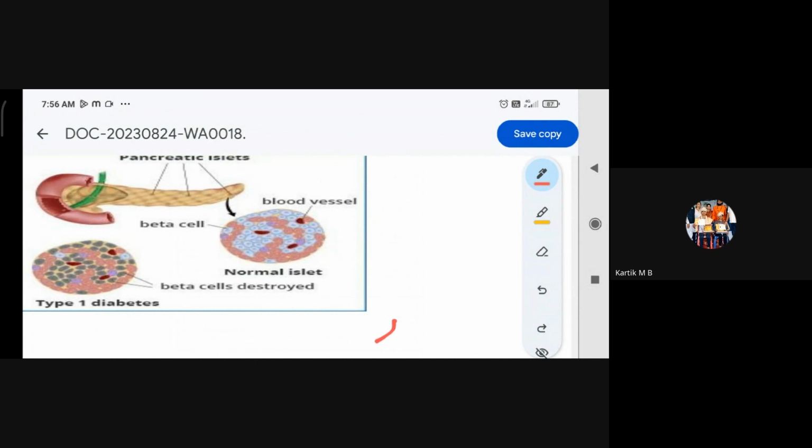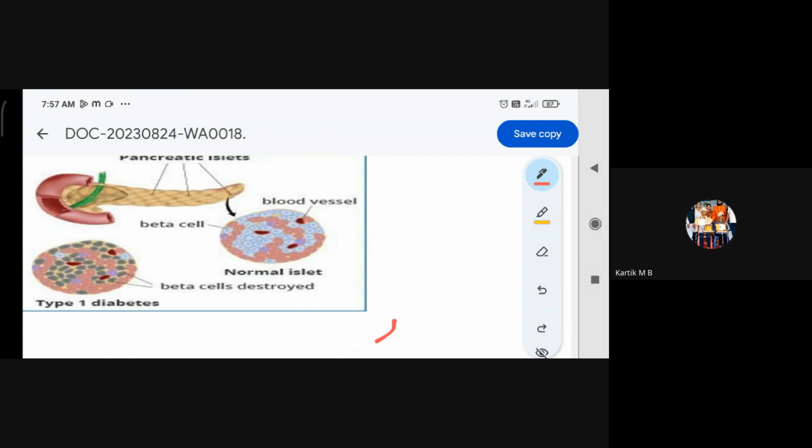Receptors of insulin get dysfunctional, or are not functioning up to the mark. So they are not opening up for insulin, as the receptors of insulin are not working. So glucose in the blood cannot enter the cell.